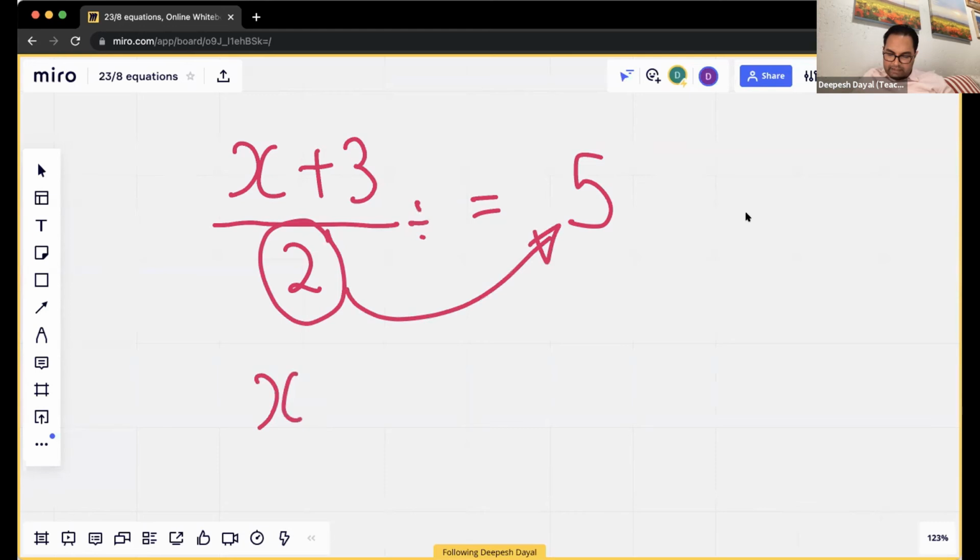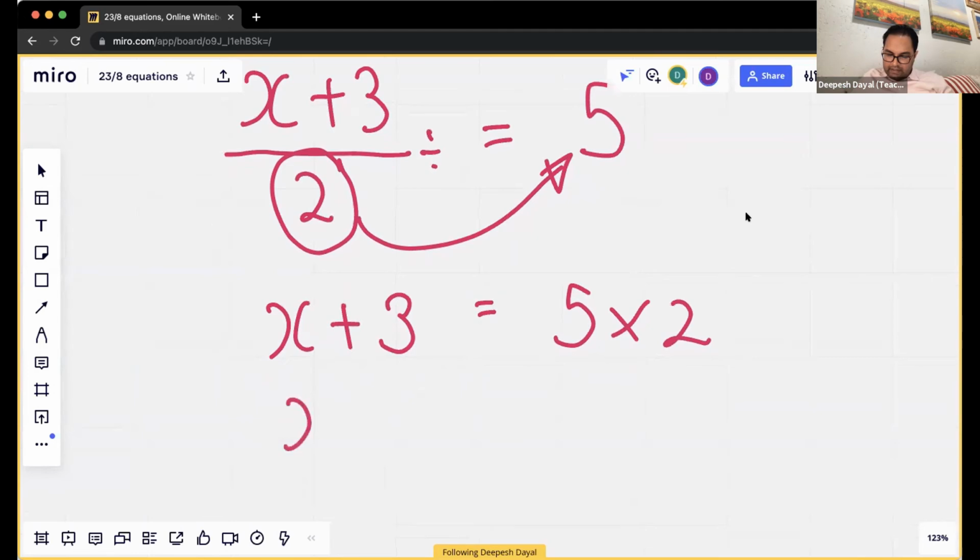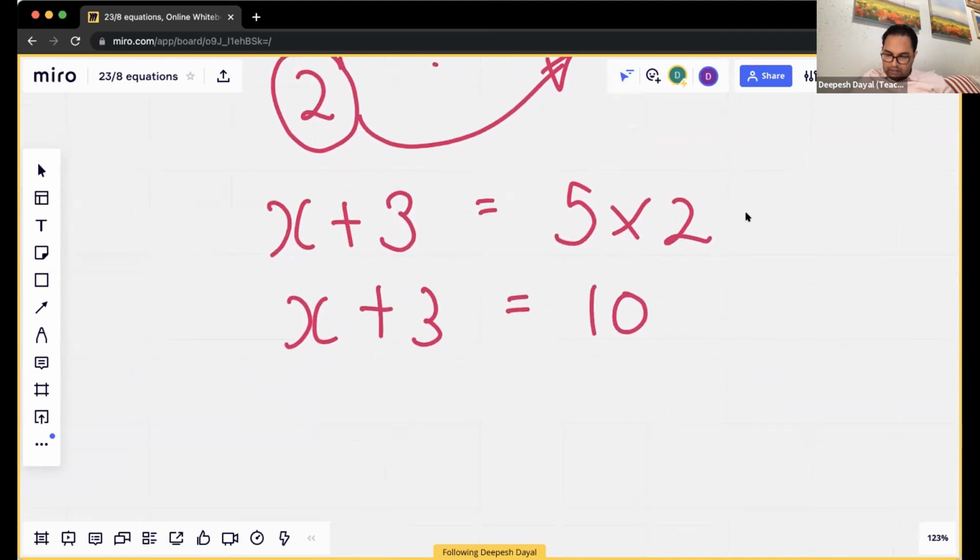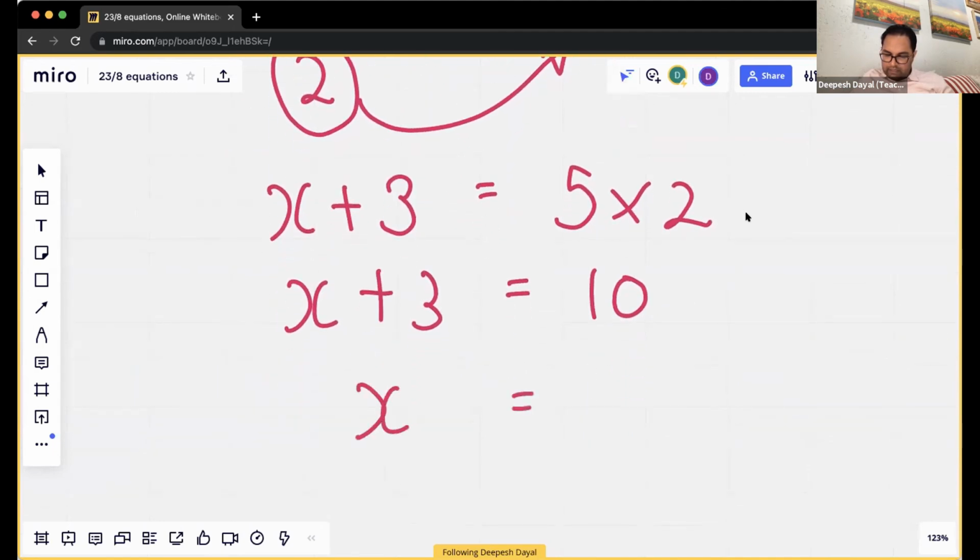So it will be x plus 3 equals 5 times 2. So x plus 3 equals 10. All right, so then x will equal 10 minus 3. X will equal 7.